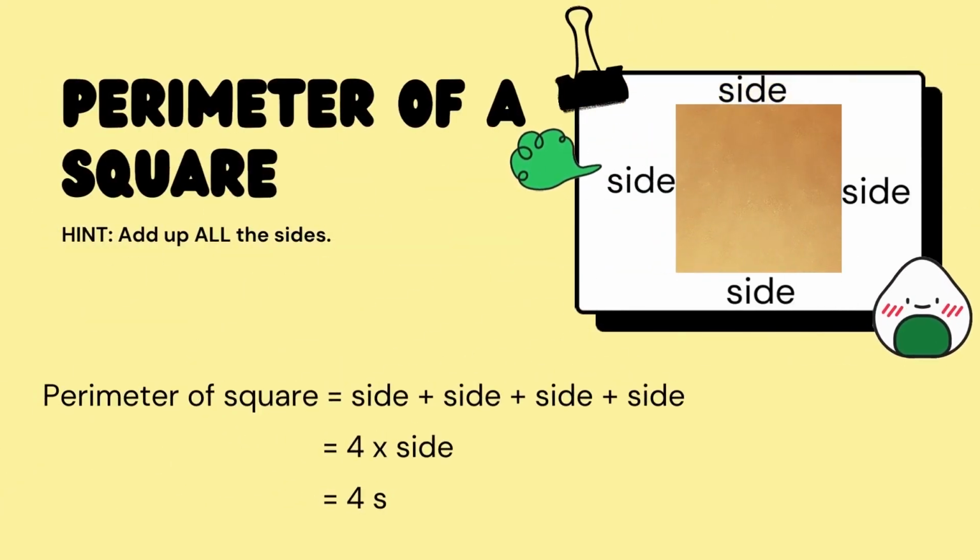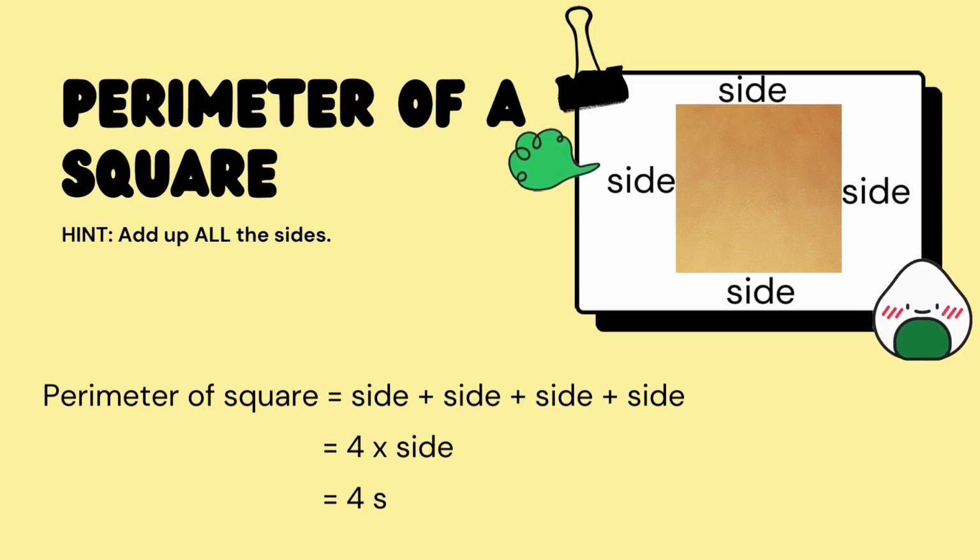Now, let's look at the perimeter of a square. If you remember, in order to find the perimeter of a particular shape, you can see the hint there: add up all the sides. We need to add up because we are finding the total distance around the square. You can see here this shape is a square. It has 4 sides, so we add up all the sides.